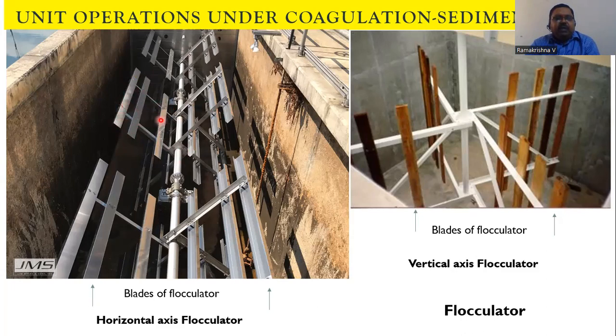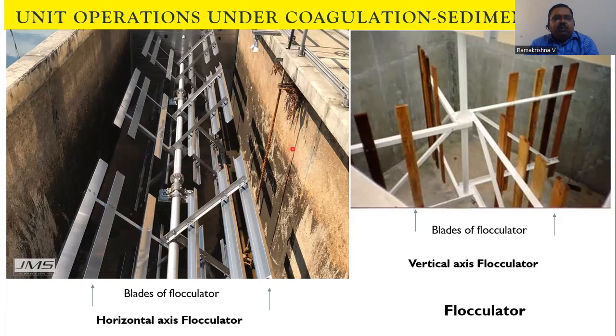Three blades on one side and four sides, so 4 into 3, 12 blades in one single setup of the flocculator. There are three setups, so 3 into 12, 36 blades in total.